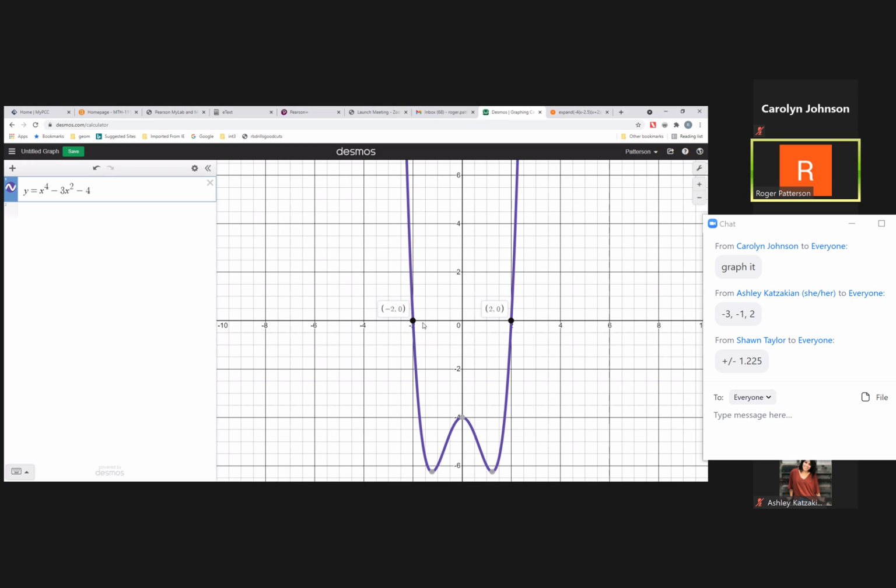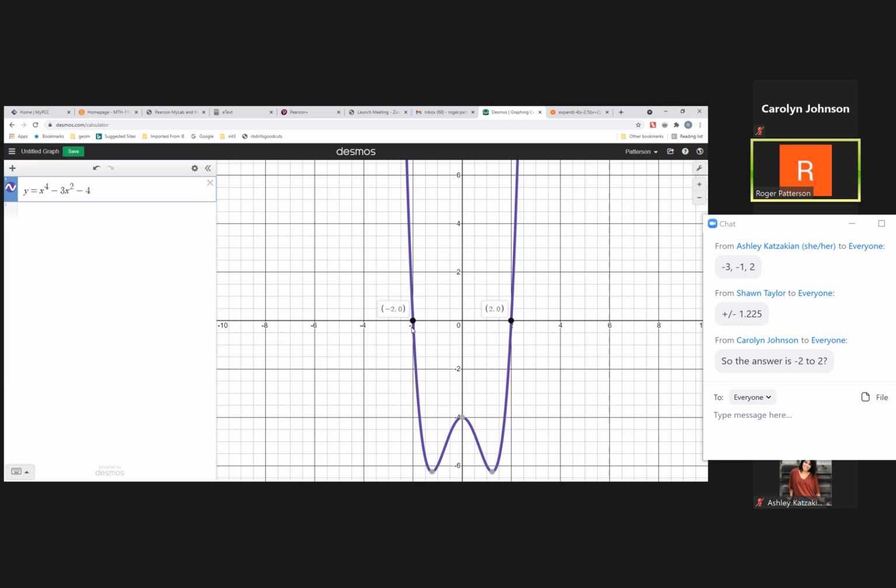There's none past -2 and none past 2. How do I know that? Because I can graph it in Desmos, I know this is increasing on both sides as the end behavior is. I know it's not going to come back down. It's a fourth degree, it makes a W. So -2 to 2, it's bounded in between there. It's also bounded down here, but they're more interested in these two numbers.